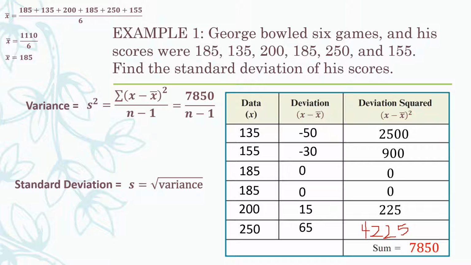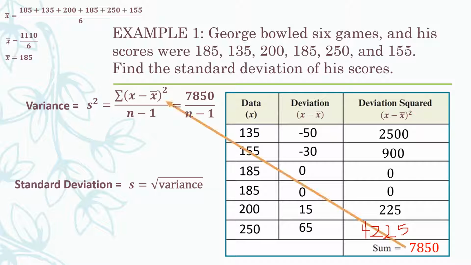So then you're going to take that and you're going to go over here and plug it into your formula. So that goes in for the numerator. That's the entire numerator that sum is. So we have 7850 divided by n minus 1. We said that n is the number of data values that are in our data set, which we said was 6, because there are 6 data values.